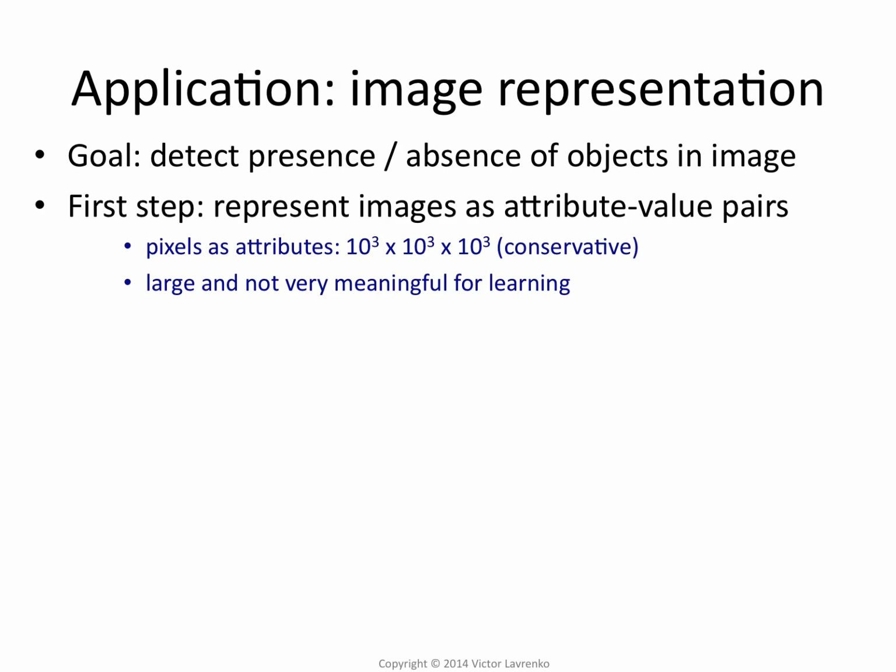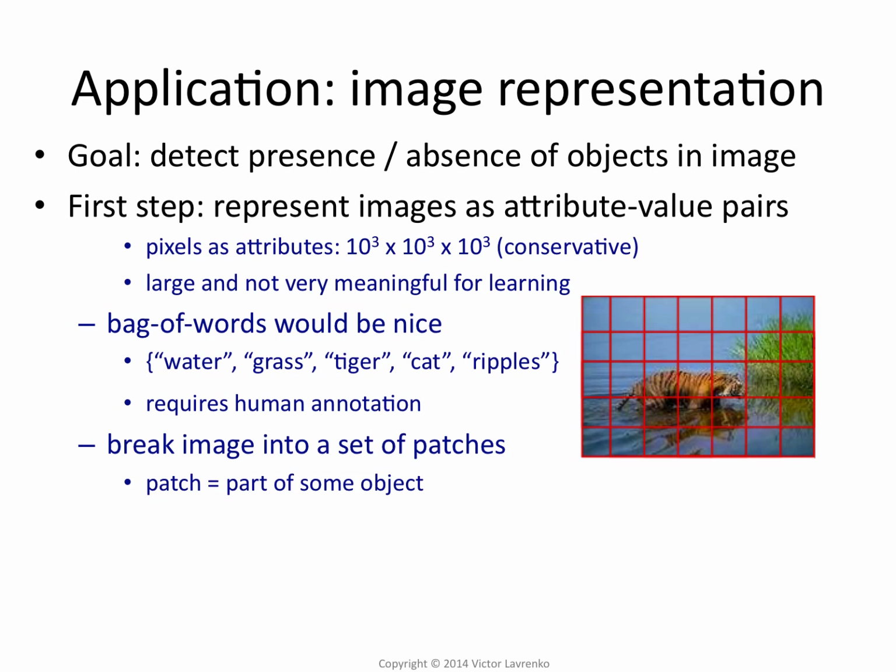In this case, you have natural photographs, so taking individual pixels as attributes wouldn't be a very good idea. You have lots and lots of pixels, lots and lots of colors, so you're going to end up with lots of attributes, and each attribute by itself is going to be totally uninformative about whether the image contains a certain object or not.